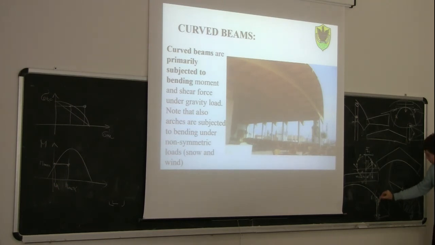So for sure, here we will have a deflection like this. As this deflects horizontally, the arch is going to move, and this movement of the support is going to significantly reduce the compression force and increase the bending moment.